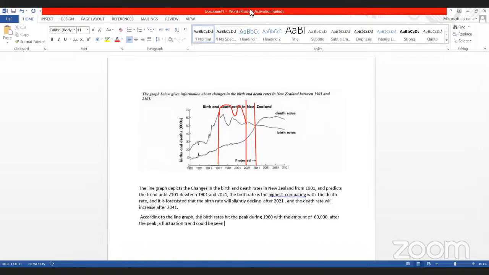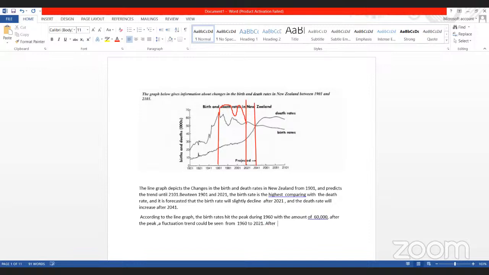A fluctuation trend. Fluctuation means it's changing, right? A fluctuation trend could be seen from 2021. Now you need to tell that after that there's a decline, right?